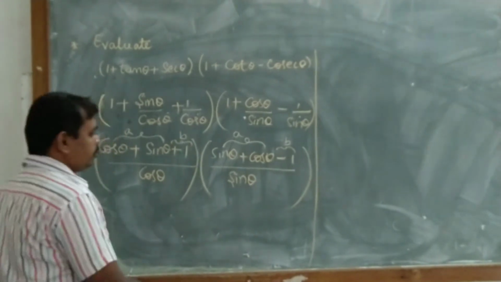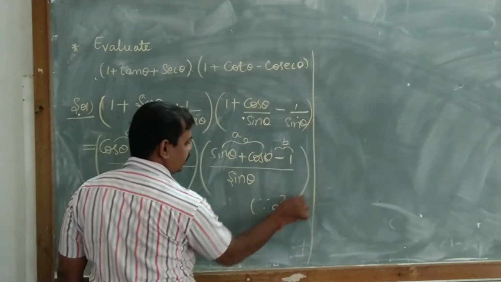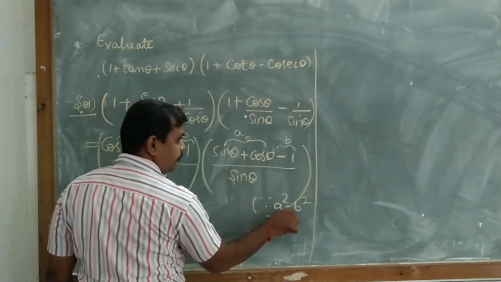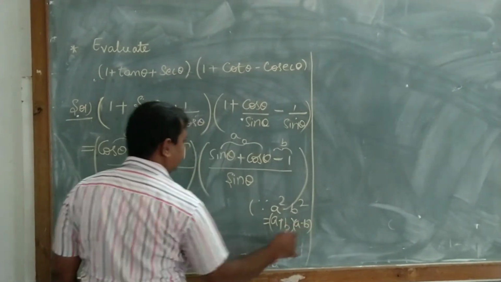Is that right? So, you write A² − B² is equal to (A + B)(A − B).